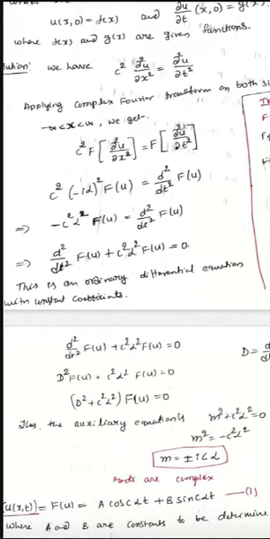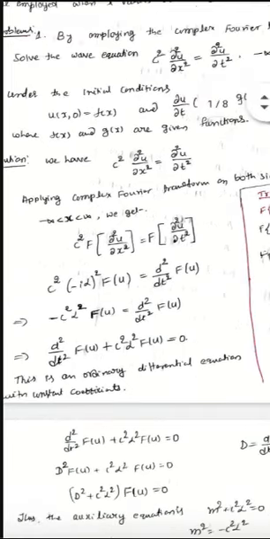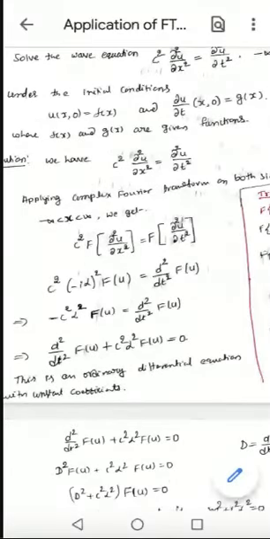So in place of u with respect to t here, u is a function of the single variable t. Here u of x comma 0 is f of x and ∂u/∂t of x comma 0 is g of x.